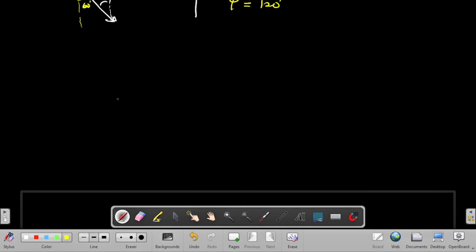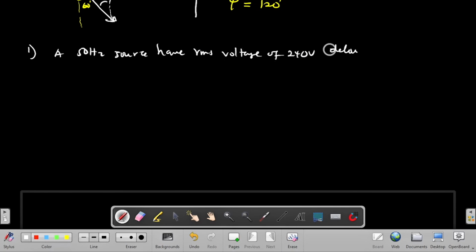Having talked about phase, let's analyze some phasor diagram problems here. So let's take a problem. It says that a 50 hertz source with RMS voltage of 240 volts delivers RMS current of 10 amperes to a circuit.